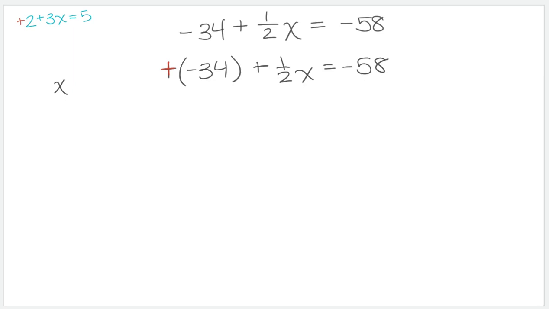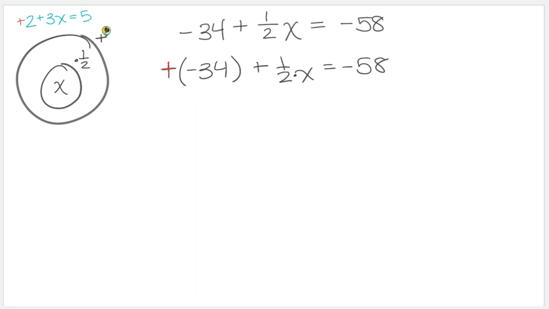What is happening to my variable second, according to my order of operations? There is implied multiplication between this 1/2 and this x, so that comes first. The first thing happening to my x is that we are multiplying it by 1/2, and then the second thing is that we are adding the negative 34 to that.